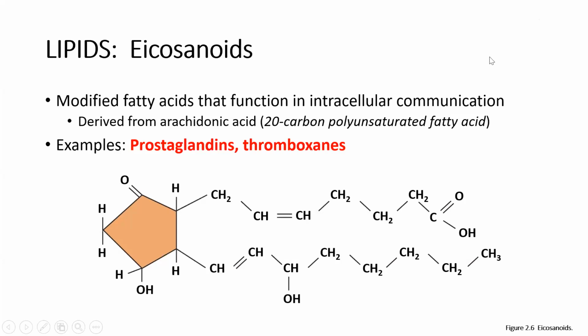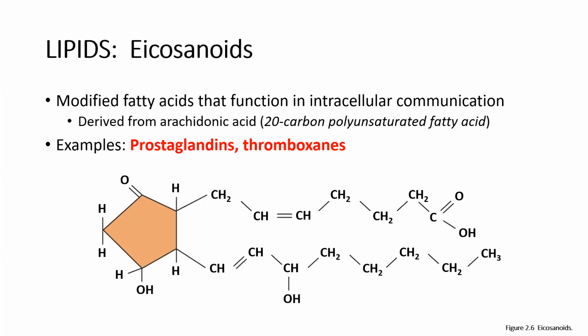Now, the function of eicosanoids is in intracellular signaling or cell communication. Examples of eicosanoids are prostaglandins, which are involved in our immune response. So these help to send signals from one cell to the other or tag certain cells for an immune reaction.